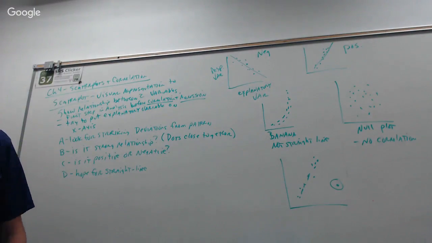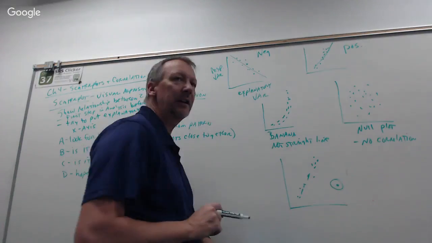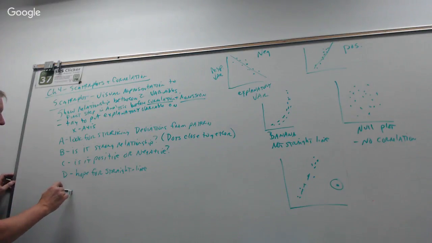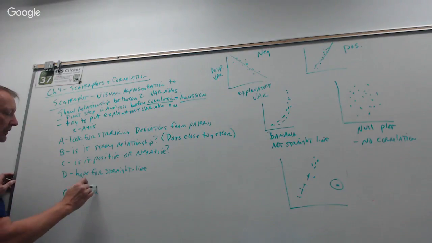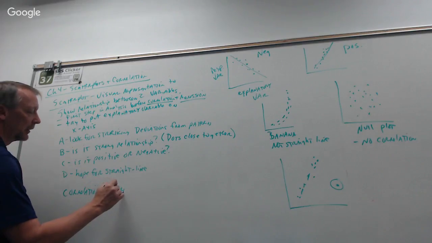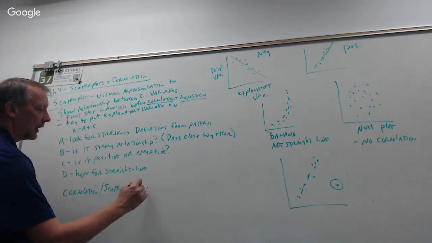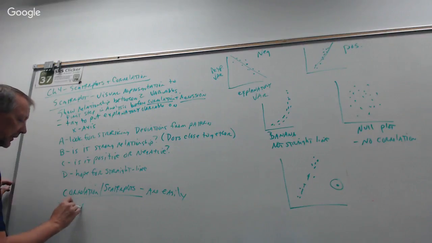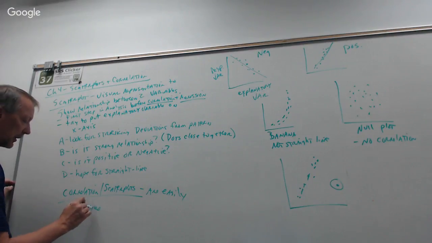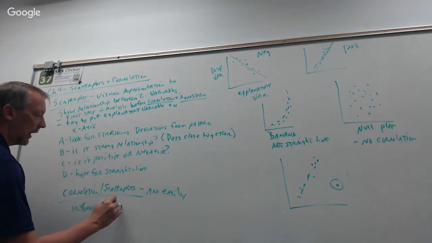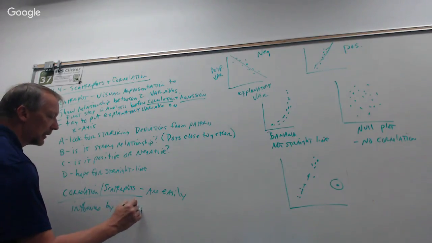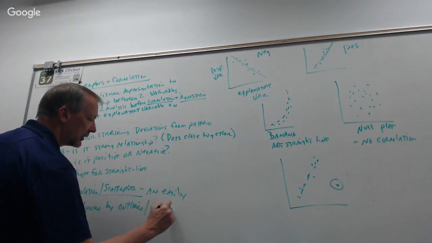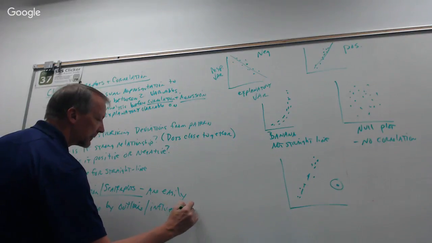okay? Now, a lot of times we would call, because the idea here is, well, this deals more with correlation. But correlation and scatterplots kind of go together, are easily influenced by outliers / influential points.